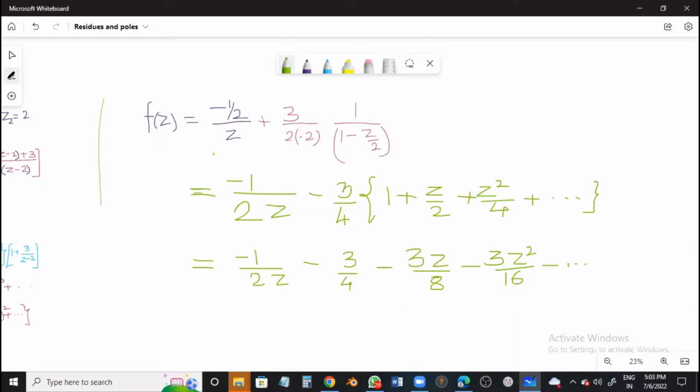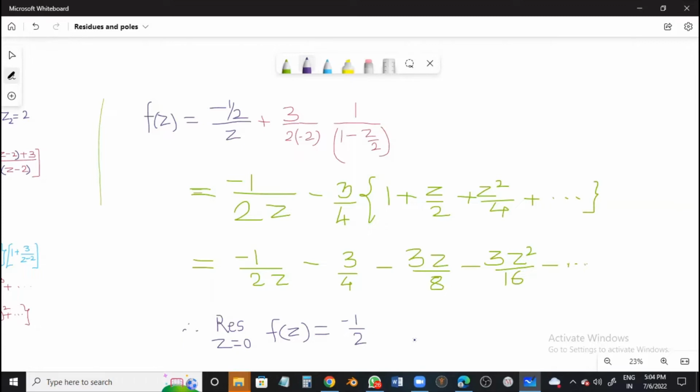So the coefficient of 1 by z you can watch here. Therefore, I can say the residue at z equal to 0 of f of z is minus half. Followed? It comes out to be minus half.